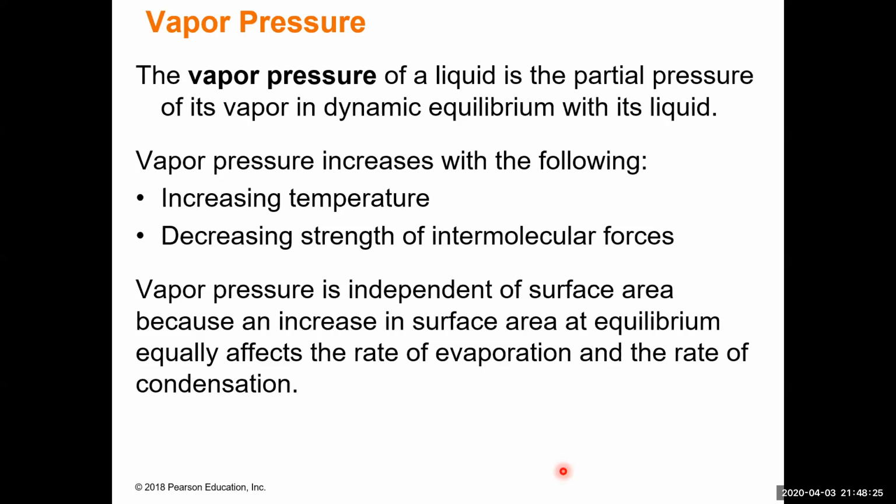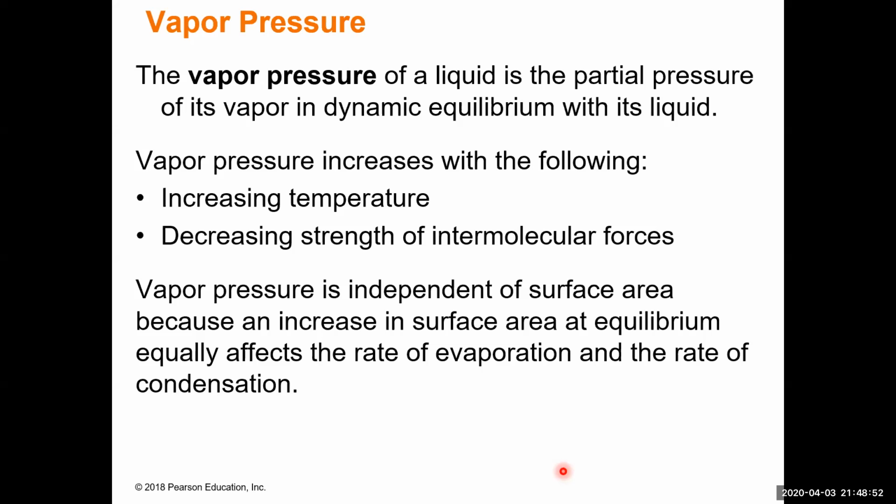The vapor pressure of a liquid is the partial pressure of its vapor when it's in dynamic equilibrium with the liquid. Vapor pressure will increase with the following. Vapor pressure will increase with increasing temperature. Vapor pressure will also increase as we have decreasing strength of intermolecular forces.